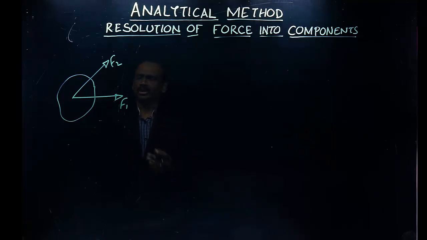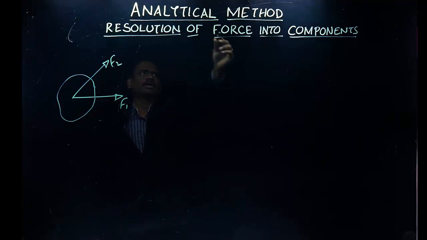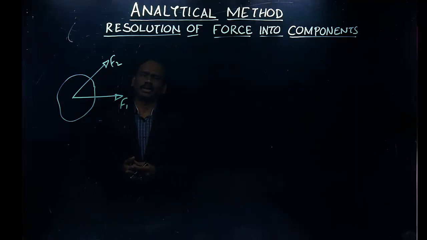It is for that reason we are introducing a new method, which is called the analytical method. This method can be used for any number of concurrent forces, not just two. So afterwards it will be much simpler if we try to understand this analytical method.